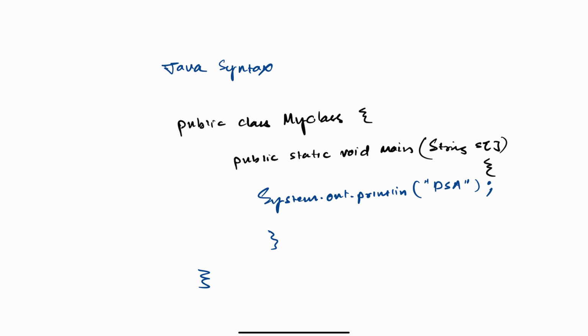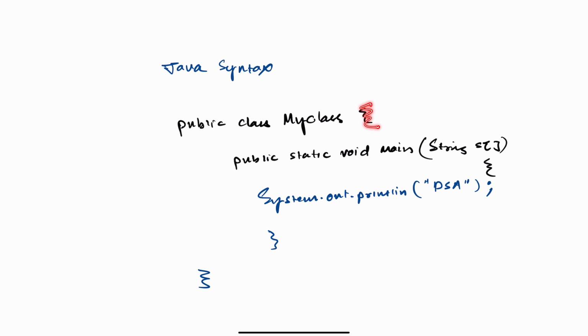I hope we are clear with syntax. Syntax means the way you're writing the programs so that your compiler is able to compile the code into bytecode and execute the programs. It has two important things: one is the class, second is the method. Method always starts with small case, class starts with capital case. And we use some brackets.